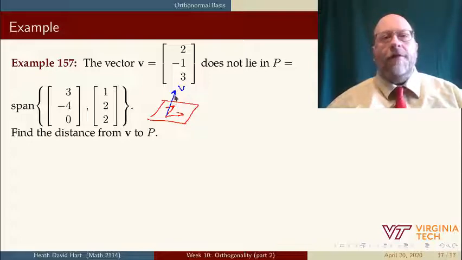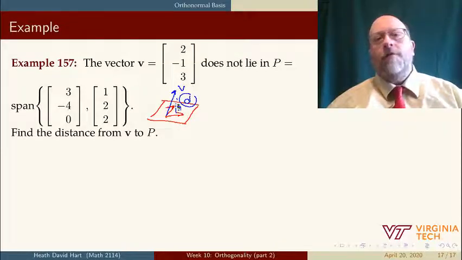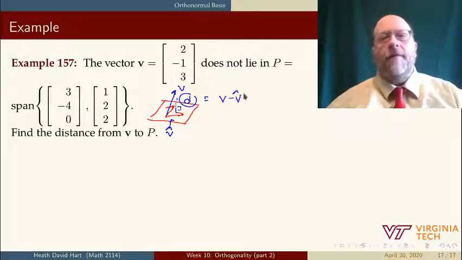Find the distance from V to P. Well, the distance is just the magnitude of the perpendicular vector. So the distance, the base vector is V hat. The perpendicular vector is V minus V hat. But we just want the distance, so we just need the magnitude of that vector. That's the idea. Okay?